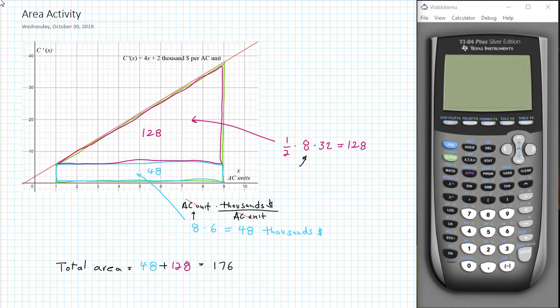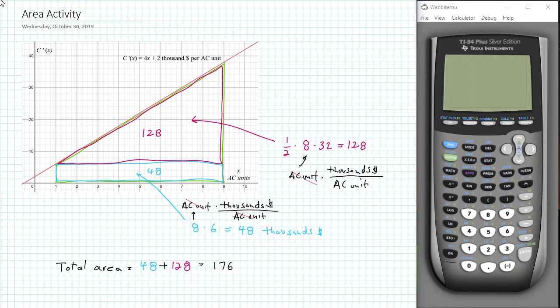Now, the same thing is true up here on our other one. The 8 here was in AC units, or air conditioner units. The 32 is in thousands of dollars per AC unit. The 1/2 doesn't have any units. It's just saying that's part of the formula.